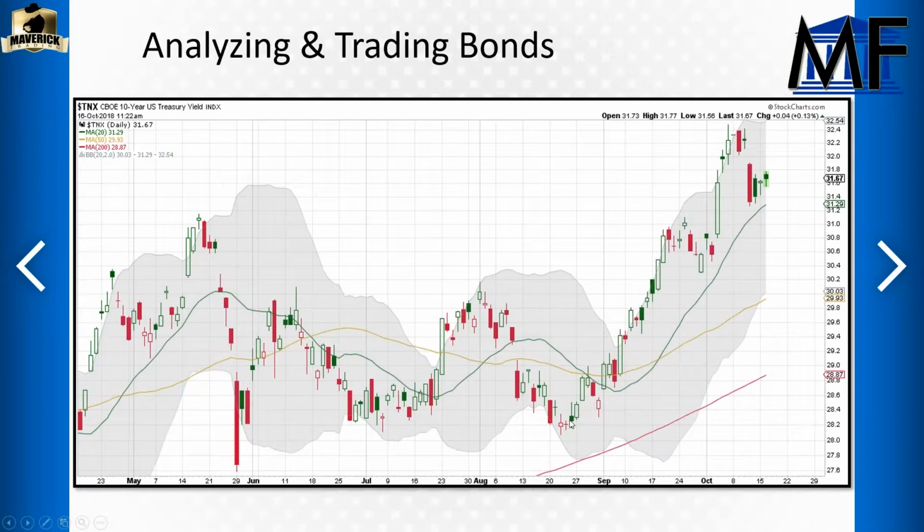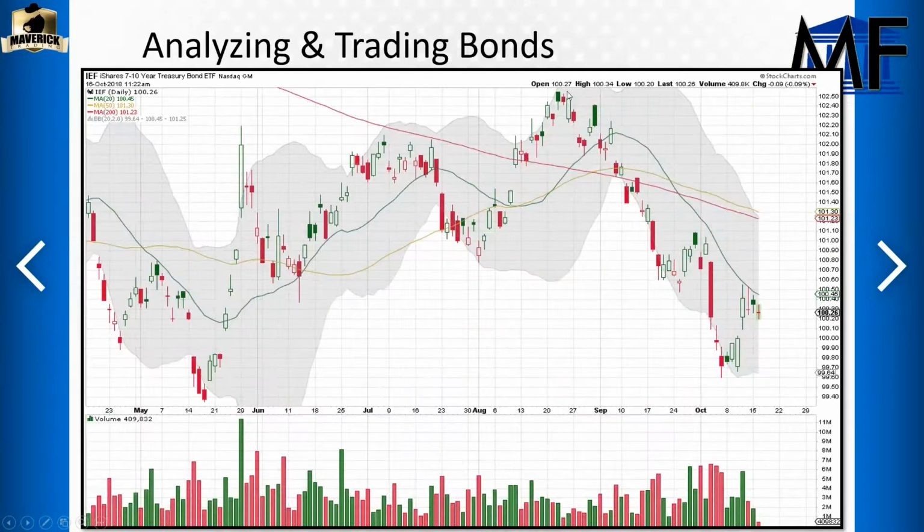Go back one, look at from about mid-August, it bottomed out, ran higher, a week or so ago it topped out, came in. Go to the next chart, mid-August, it topped out. It's the exact opposite chart. About a week ago it bottomed. They move inverse, right?